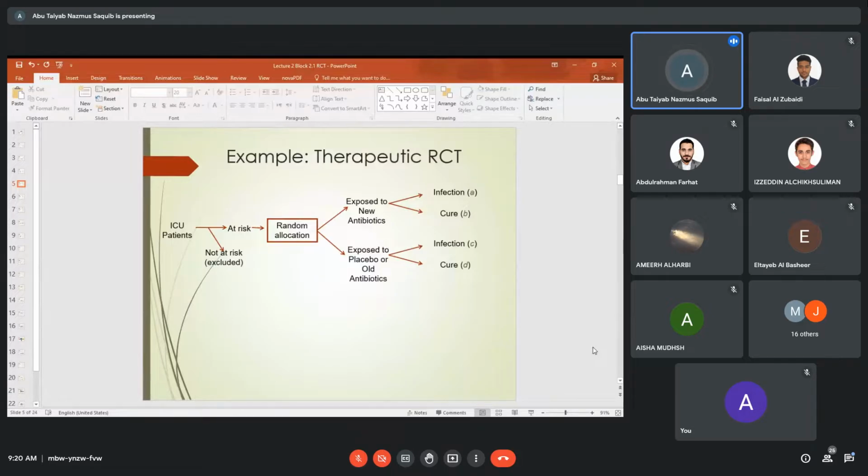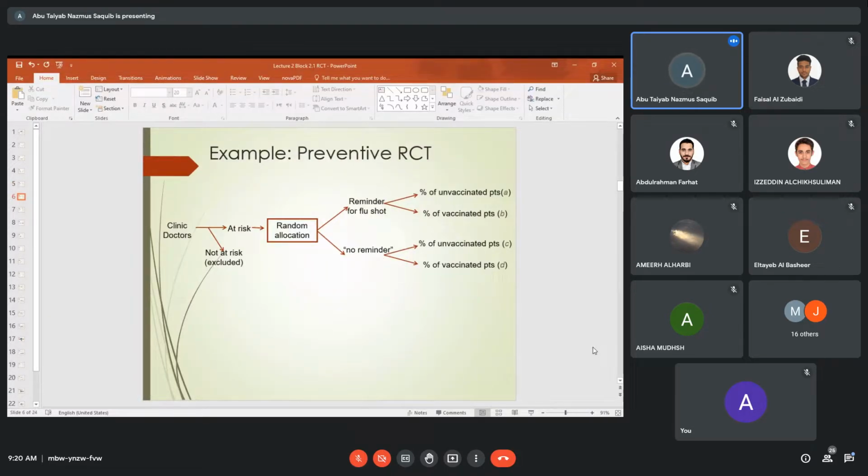Now I will give you the example of two preventive RCTs. And this one is the primary prevention. What is primary prevention? You know that older people, I'm talking not coronavirus, but influenza, flu. When the flu season comes, we all ask the old people to take the flu shot, because if they don't and if they get influenza, the chance of pneumonia is very high.